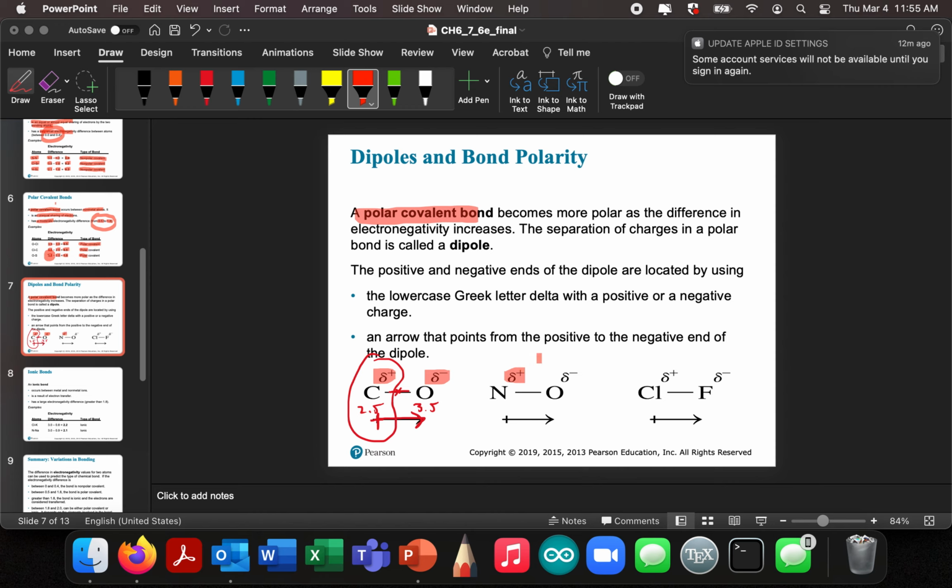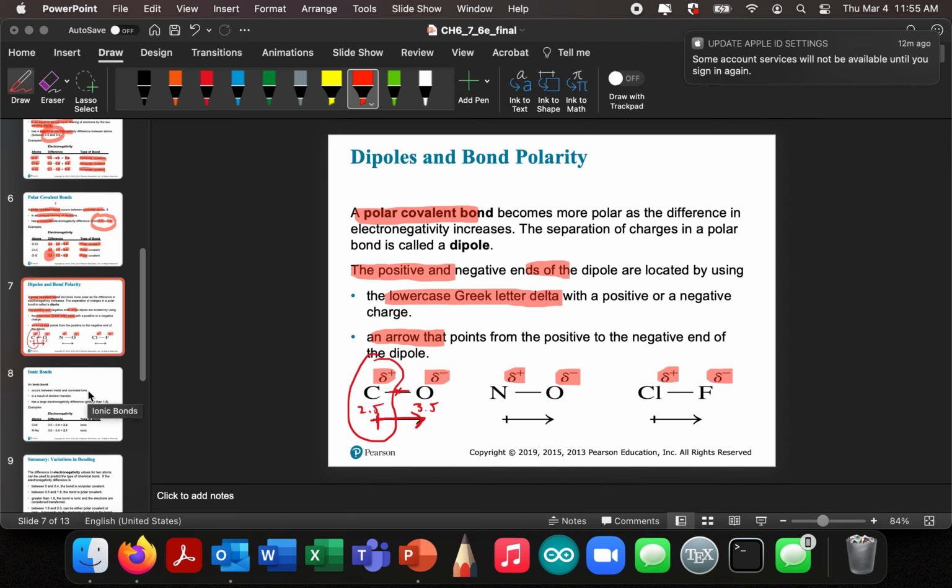We say a partial positive and a partial negative, right? Where the negative is the atom that has a higher electronegativity, right? The positive and negative ends of the dipole are located by using the lowercase Greek delta with a positive or negative charge and an arrow that points from the positive to the negative end of the dipole.